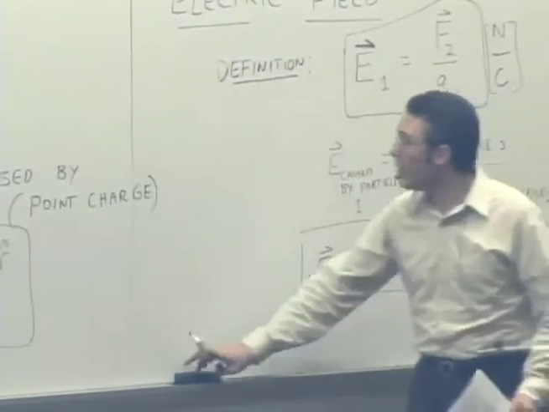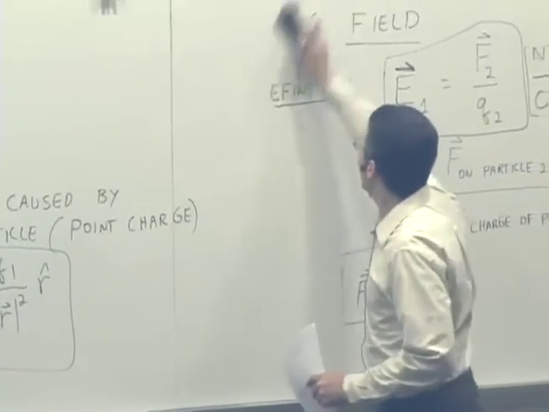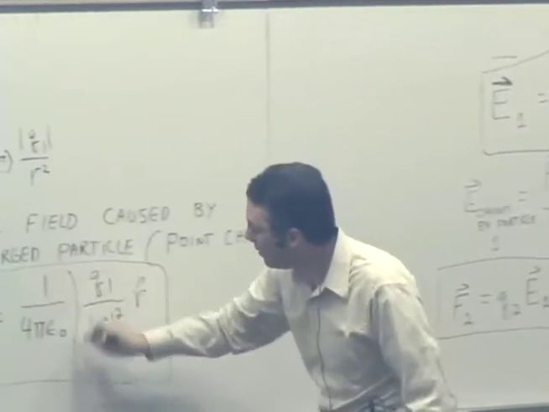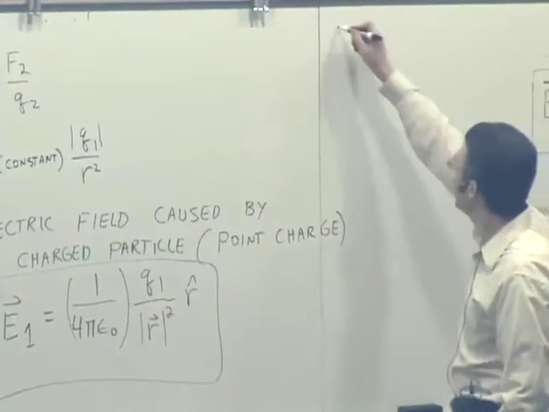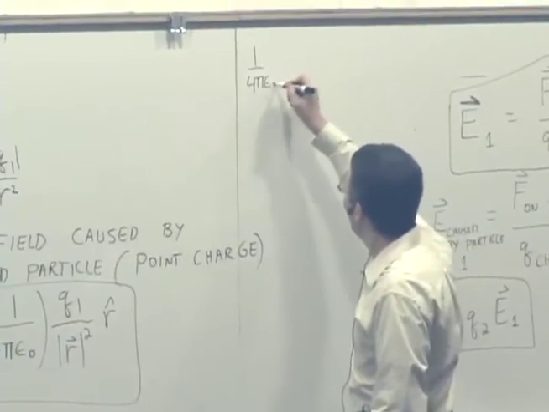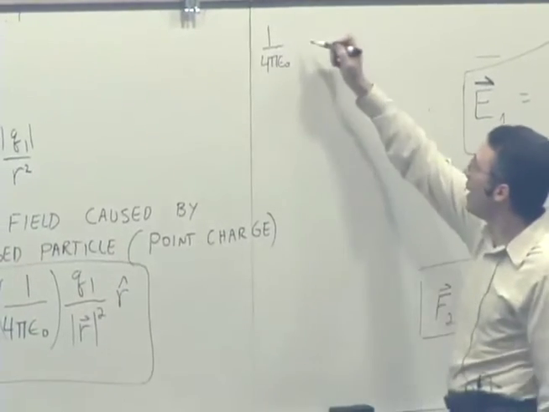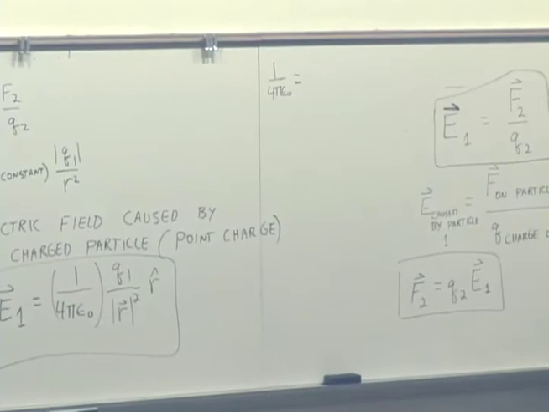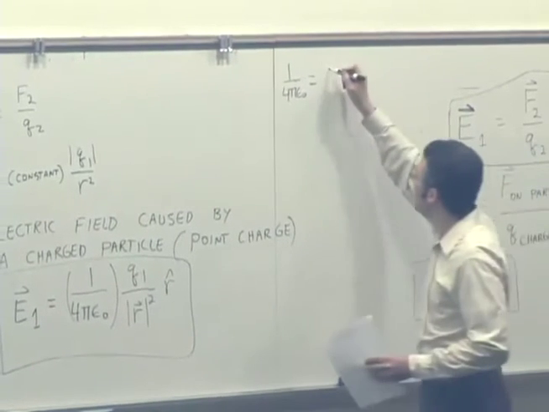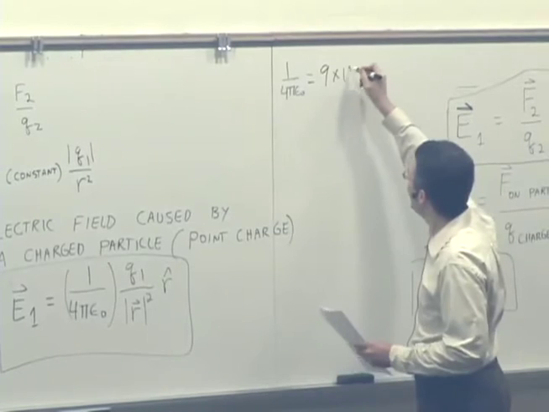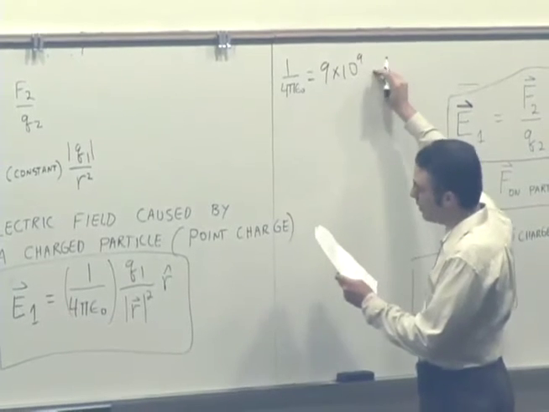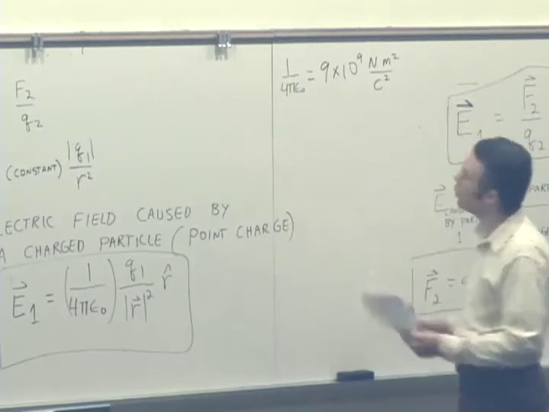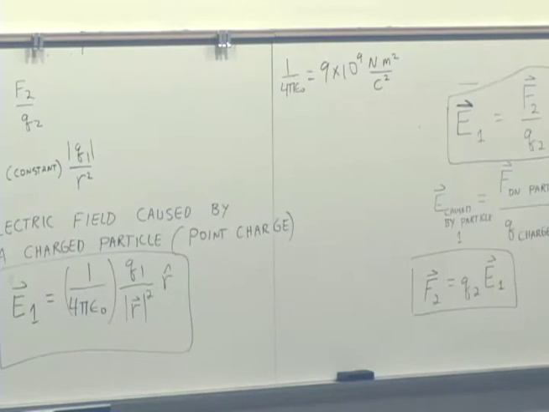So what are the pieces of this expression? Well, first off, we have a constant. This 1 over 4 pi epsilon 0, for historic reasons, it's written this way, and we'll see more connections with it later in the course. But for right now, just think of it as a number. And it's approximately equal to 9 times 10 to the 9th, and the units are Newton meters squared per Coulomb squared. Okay, so it's just a constant.